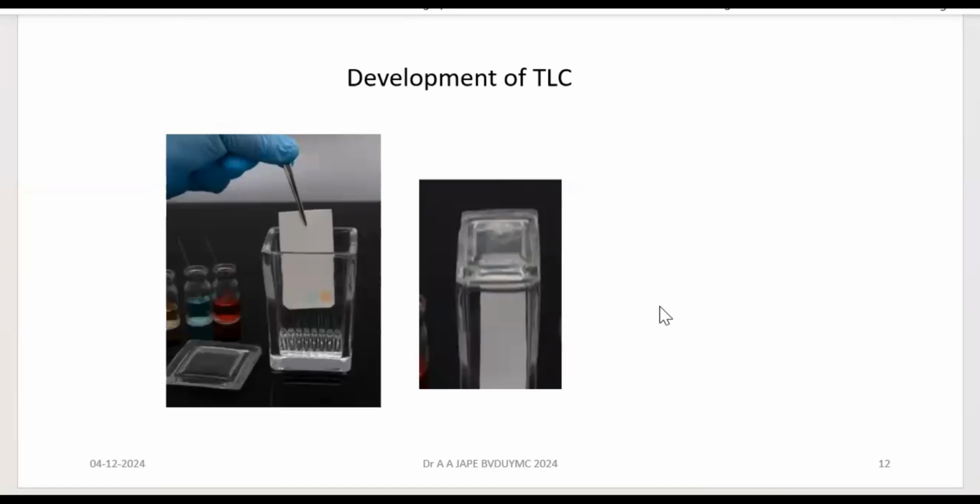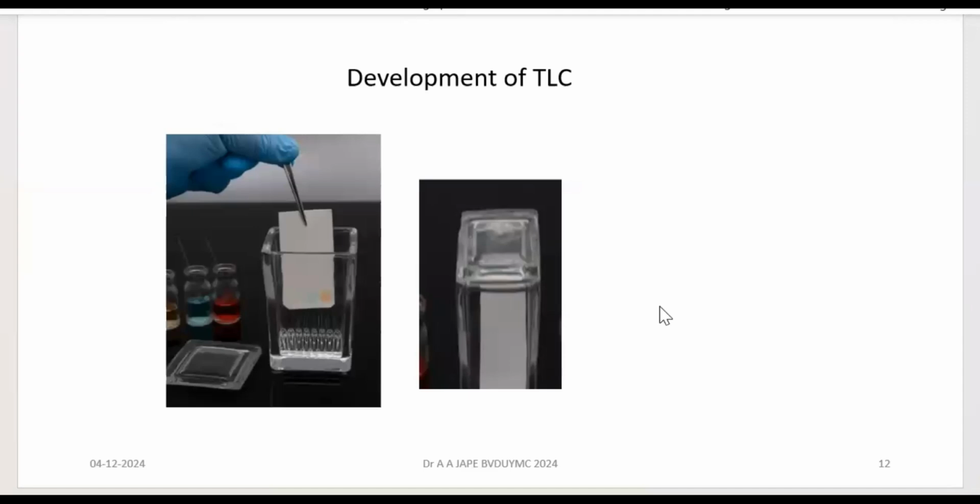So overall, when we talk about the mobile phase, the characteristics of the solvent should be summarized as the one which should give a good partitioning, a good separation. So the partition coefficient of the substances to be analyzed should range between 1 to 100 when you are choosing the solvent system.